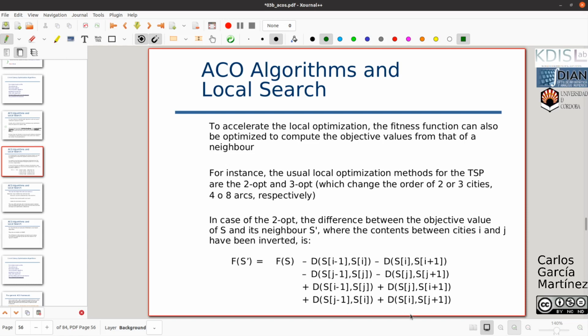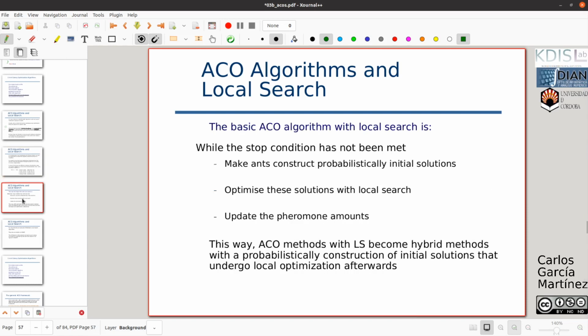And something which is very interesting is that if you make this combination, ant colony optimization with a local search method, then you are using ants to construct probabilistically initial solutions for the local search.